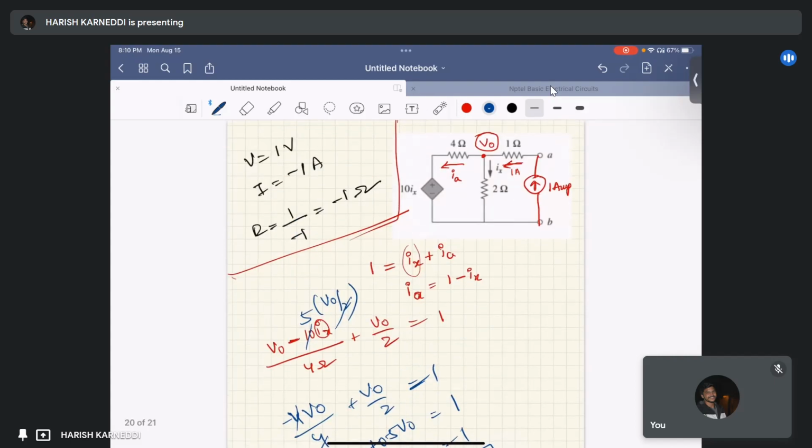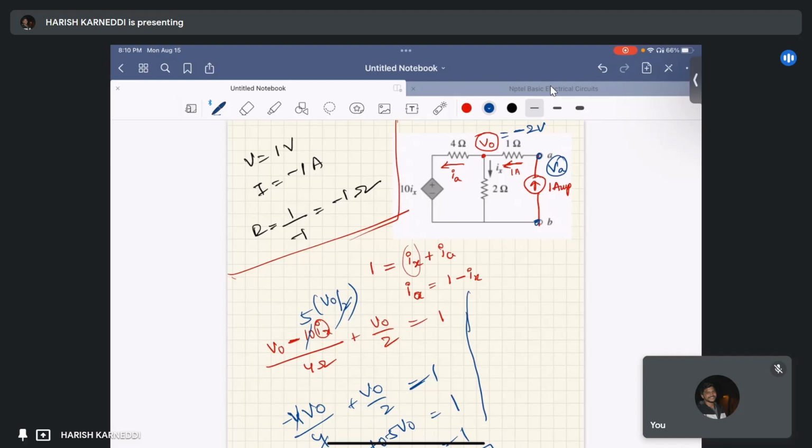Okay, in this case the V naught equal to minus 2 volts, but we want the voltage across this current source. Let us suppose this as VA.